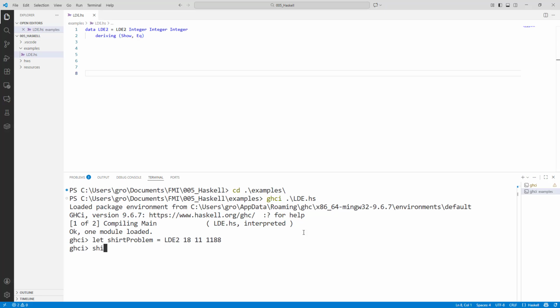So let's see what we have as short problem. Wow, short problem already knows that it is of type LD2, and then it has 3 integers here, 18, 11, and then 1188. So this is because of this magic for Show.